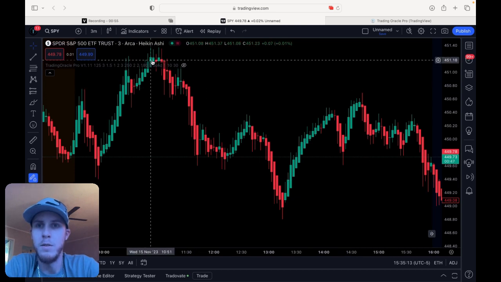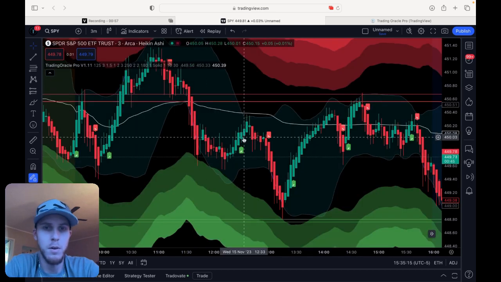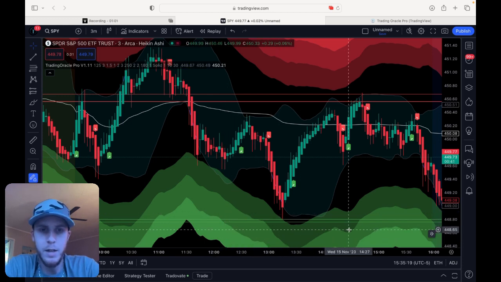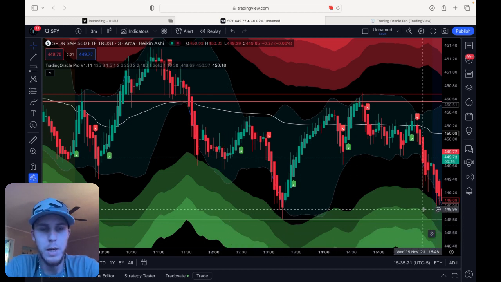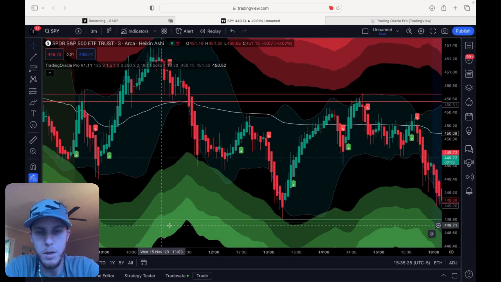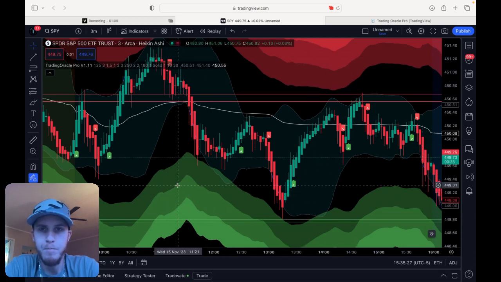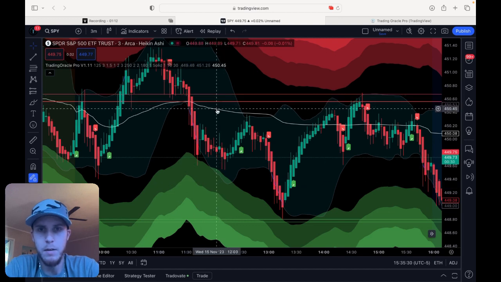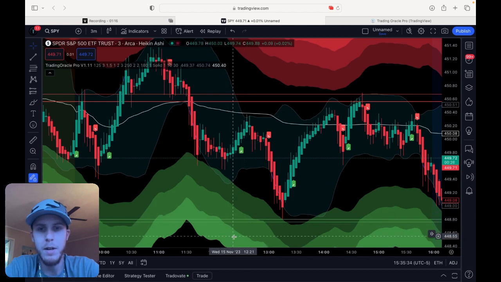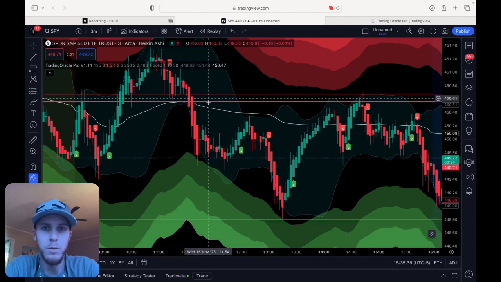So what I'm gonna do here is I'm gonna go ahead and turn this on. A strategy that I like to use is using two of our tools together. I've got the reversal bands up here and down here. I've also got the VWAP support and resistance. So this green line right here would be support. These would be resistance.